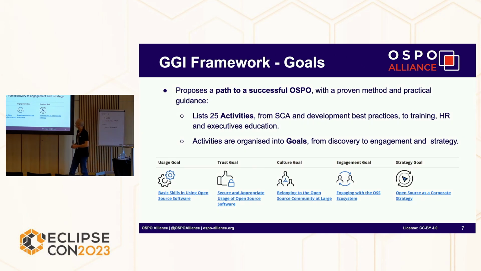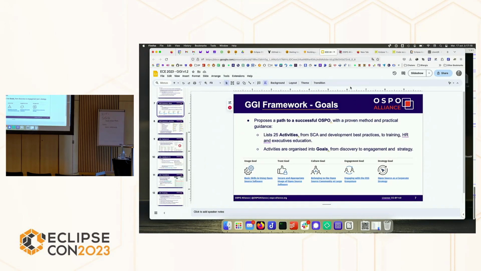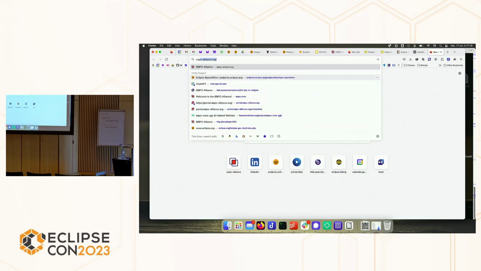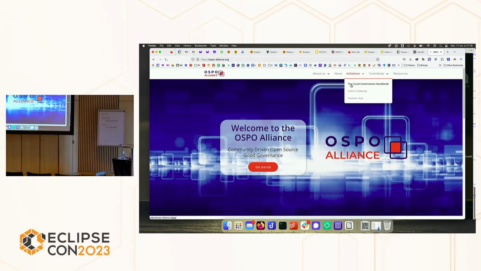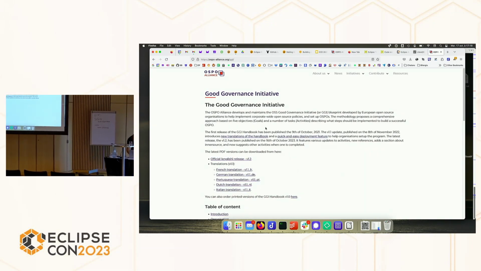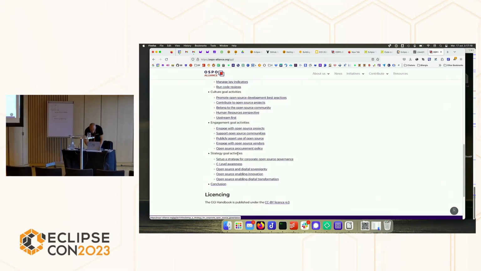We can look at the activities. These are the activities for the strategic goal.